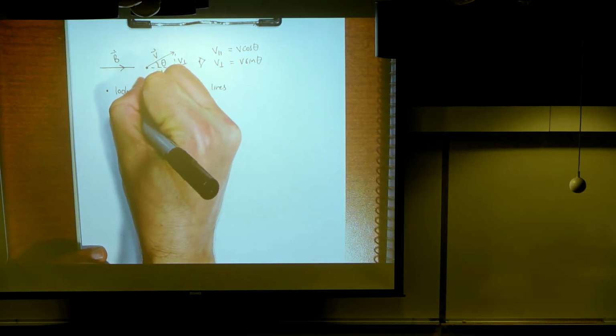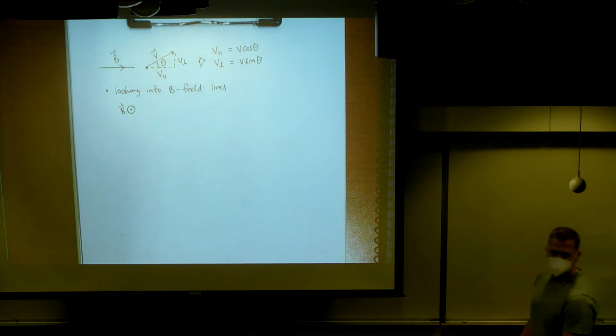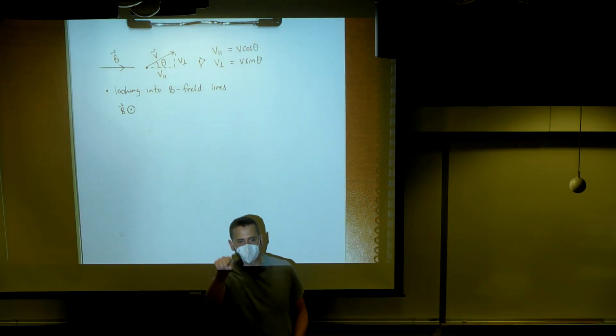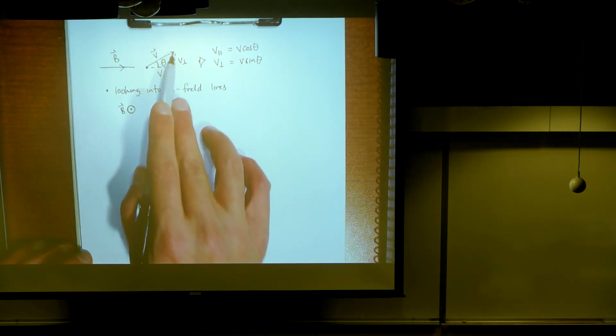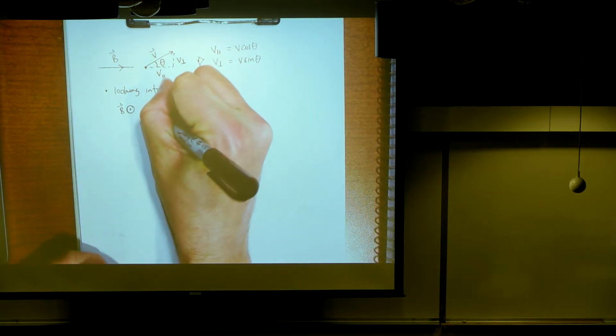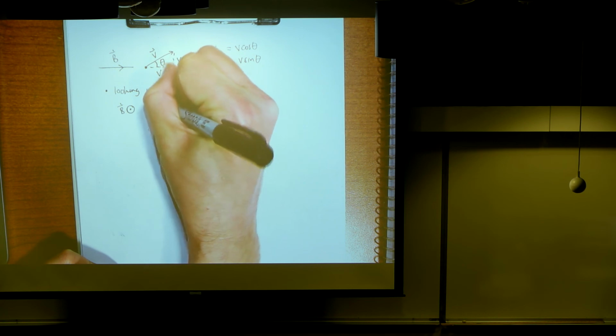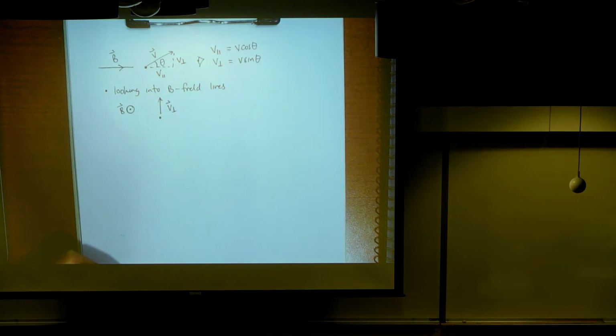You'll see the B field coming right at you, coming out of the page like this. And you will only be able to see this component of the velocity, v perpendicular, which in this case looks like it's going straight up. Does that make sense, everybody?